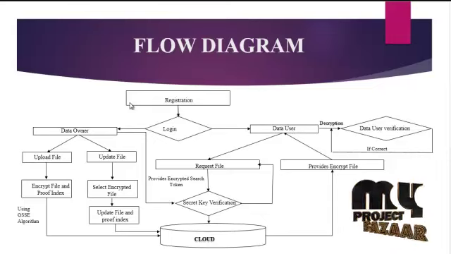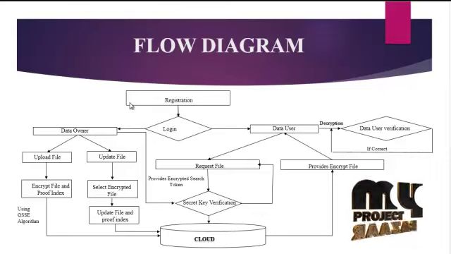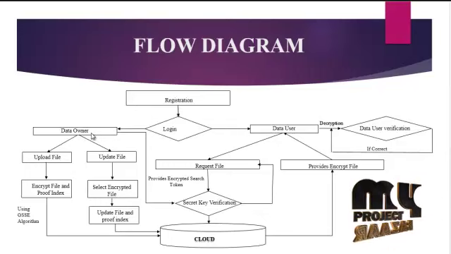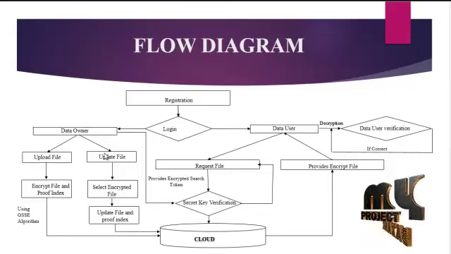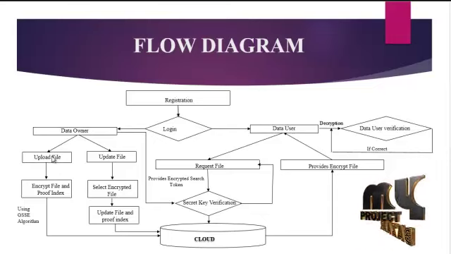After successful registration, the data user and the owner use the username, password and cloud ID to log in to their account. The data owner can either upload a file into the cloud or update the data that is already present in the cloud. In the upload process, the data owner will encrypt and store the data in the cloud.